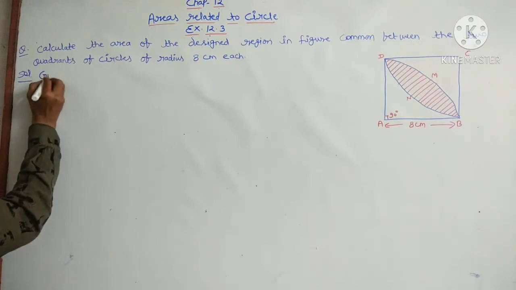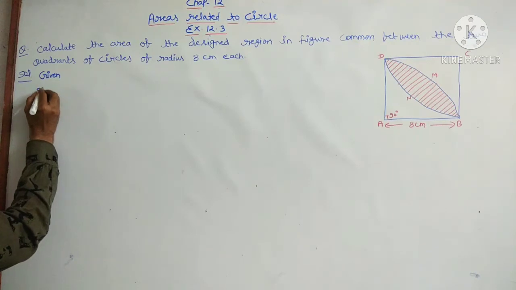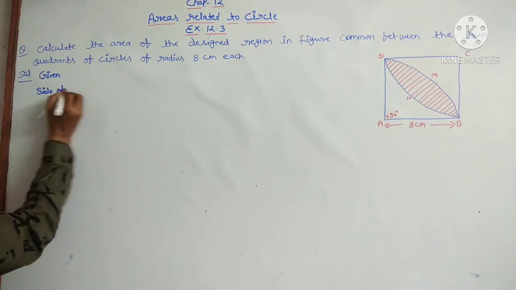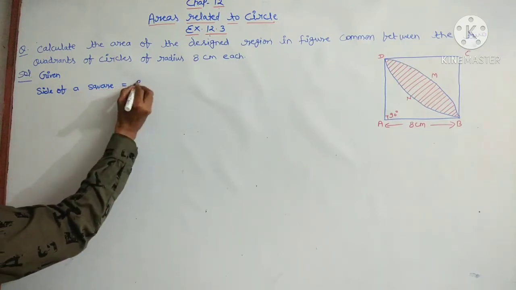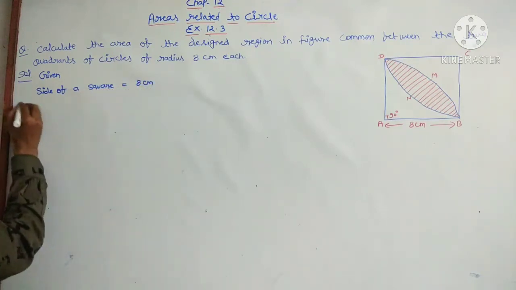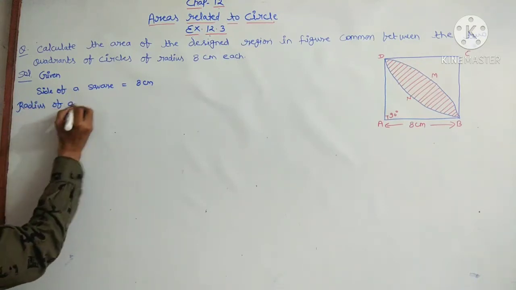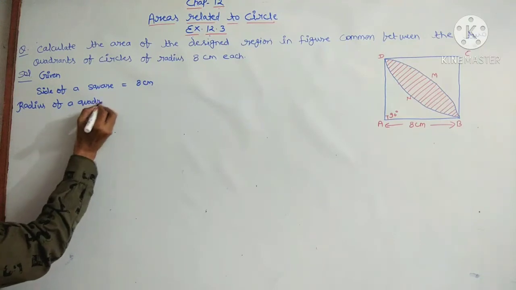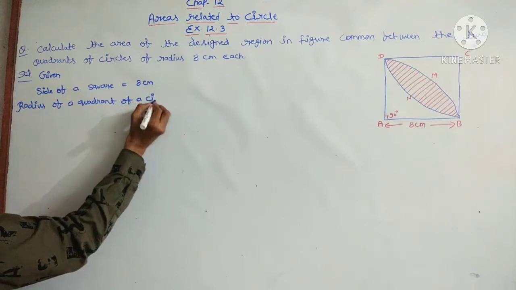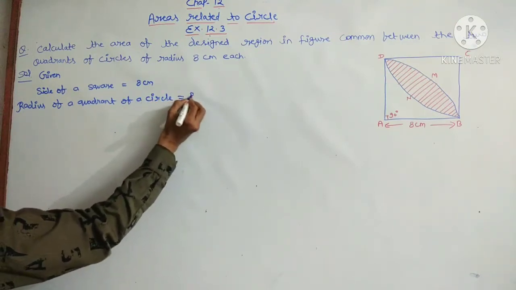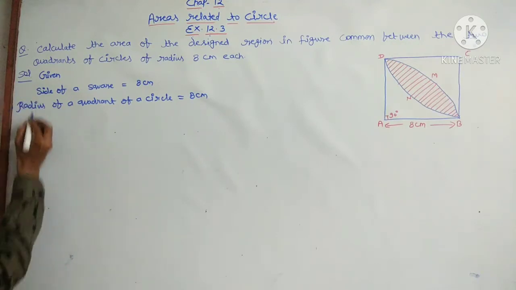Given: side of a square is equal to 8 centimeter and radius of a quadrant of a circle is equal to 8 centimeter.